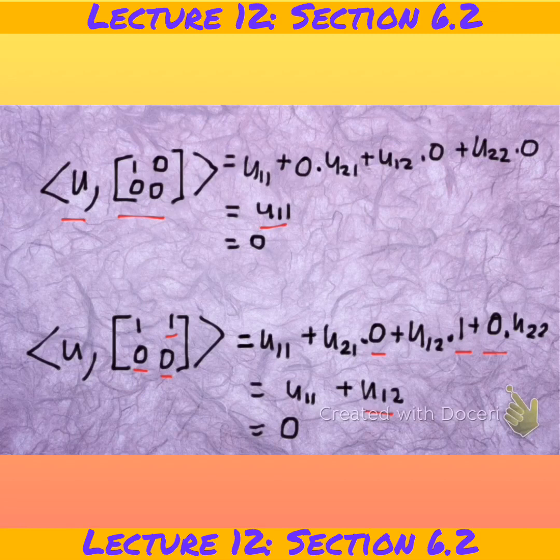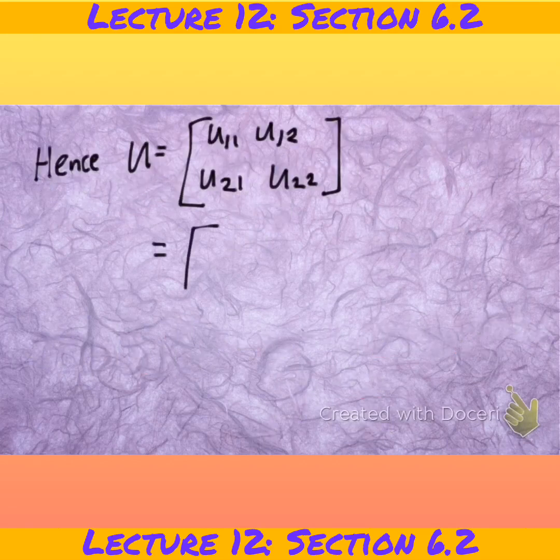We already know u11 has to be 0, and so that implies that u12 is also equal to 0. So for it to be orthogonal, the vector has to have these two entries equal to 0.